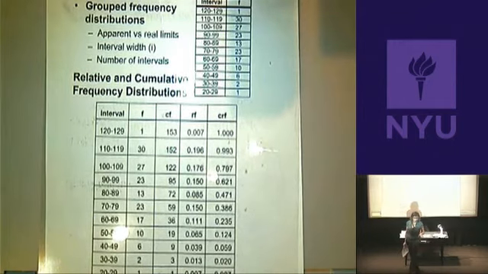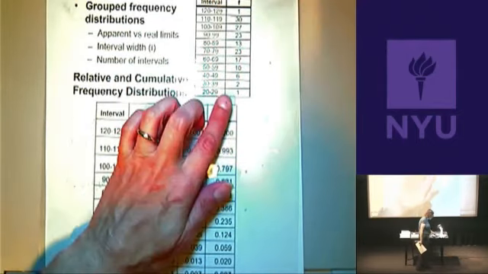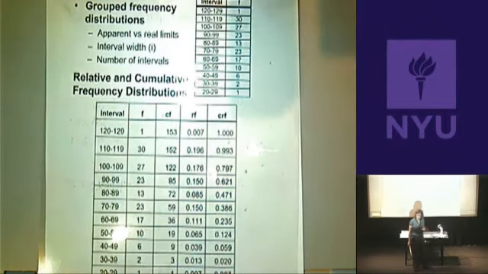How do I get that? Well, first off, I might think about how big I want my interval to be: my interval width, or my class width. How wide do I want it to be? You can make it however you want. But you want to think about the best way to present things.